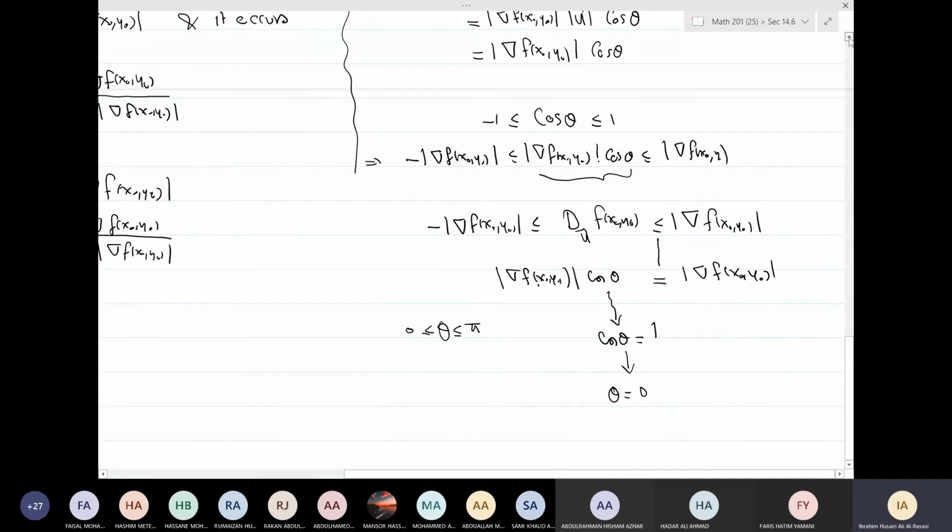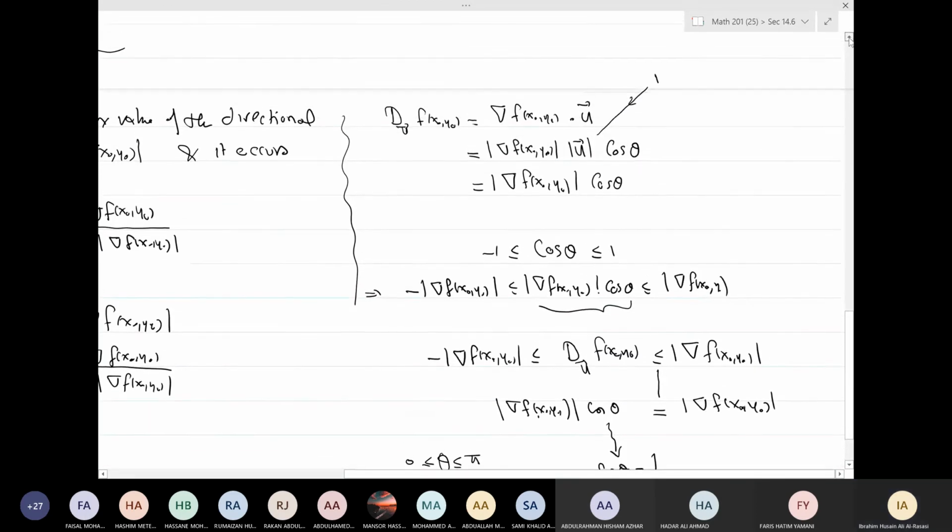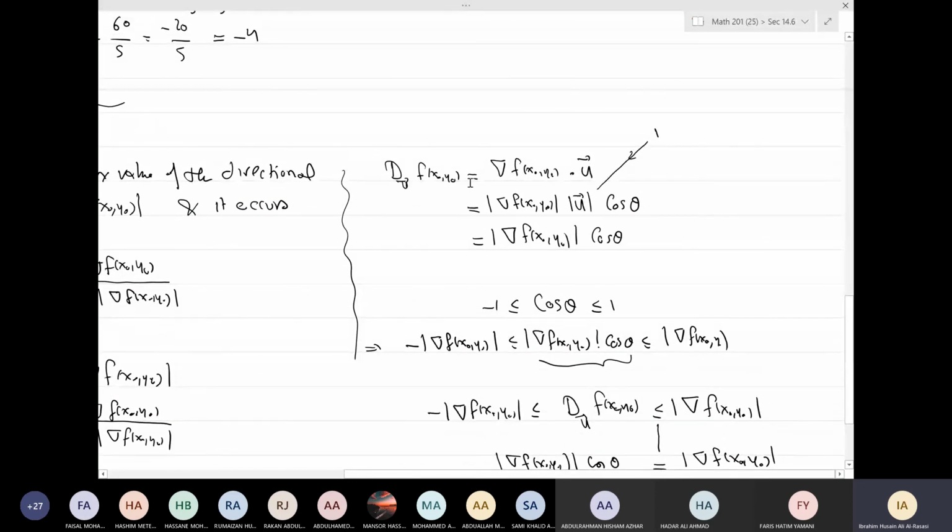Now, in which direction will it occur? I go back to the definition here. The directional derivative equals gradient dot u, and theta is the angle between u and the gradient. If theta equals 0, this is what we found. Then what can we say about the direction of u and the gradient?